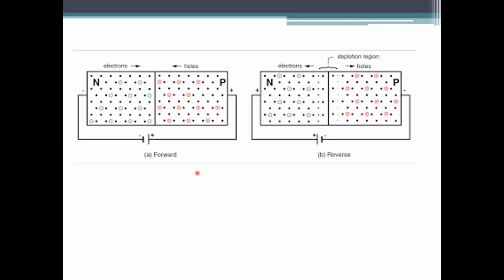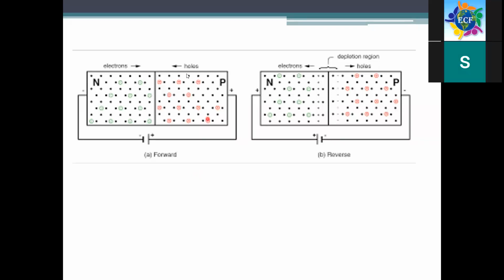In case of your forward bias, bias means to apply voltage across the p-n junction. Okay, this is p, this is n. In forward bias, the anode is connected to the positive terminal and the cathode to the negative terminal.